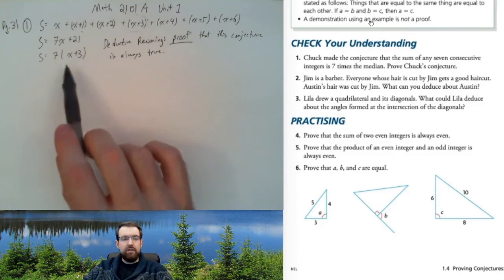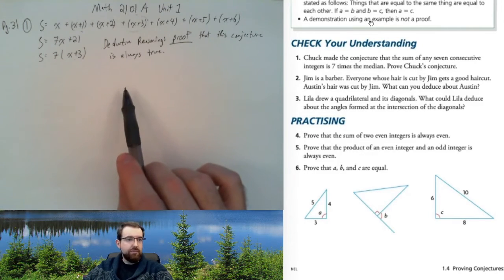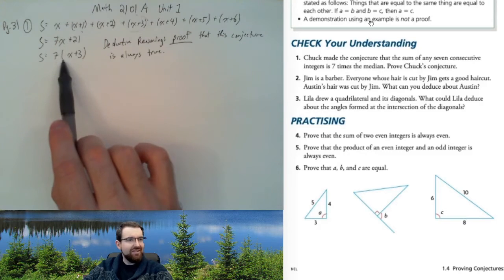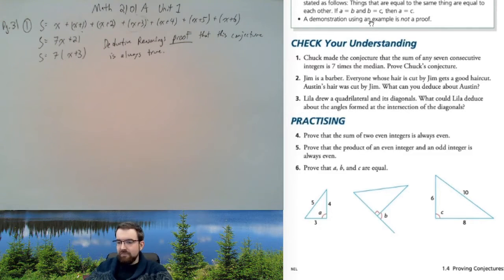Deductive reasoning, there's no way to have a counterexample, at least not within this kind of math. Maybe in some proofs you could have imaginary numbers with a counterexample, but sometimes we bracket that stuff off.